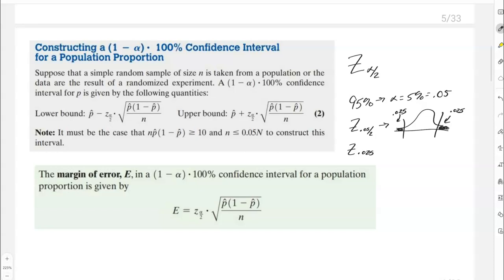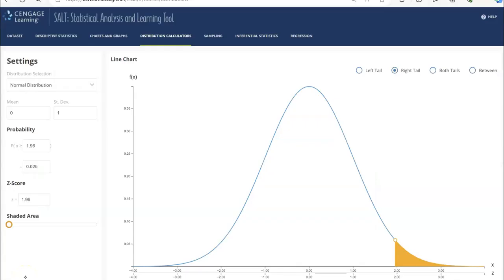So if I wanted to find the z-score associated with that, I could go back to using my technology. So I'm looking at a normal distribution. This is the standard normal, so the mean is 0 and the standard deviation is 1. We know that the probability in that right tail is 0.025.